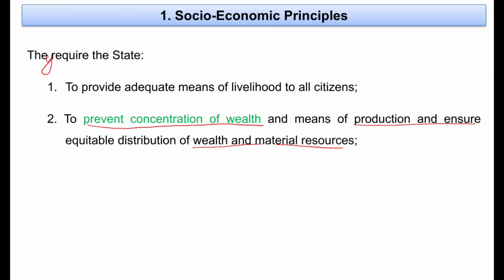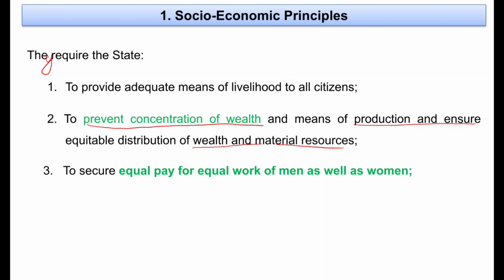See, this all comes under socio-economic principle, means you are providing social and economic ways for the people, so that they can uplift themselves, uplift the living standard and ensure a decent standard of life, and all type of leisures which they should have. Third, we have to secure equal pay for equal work of men as well as women.